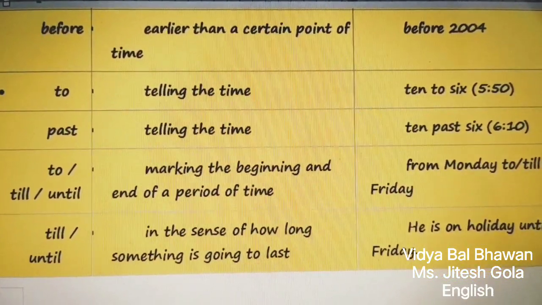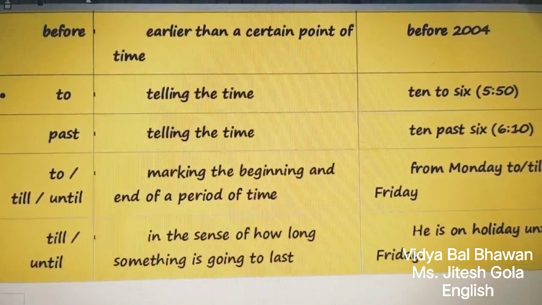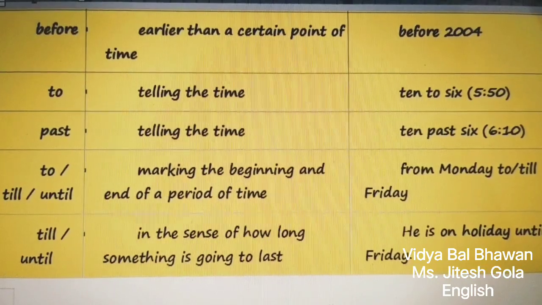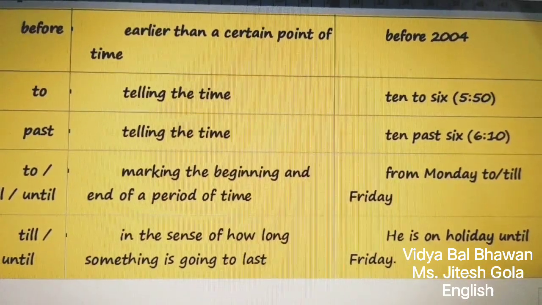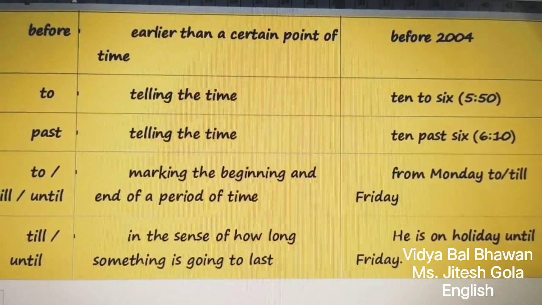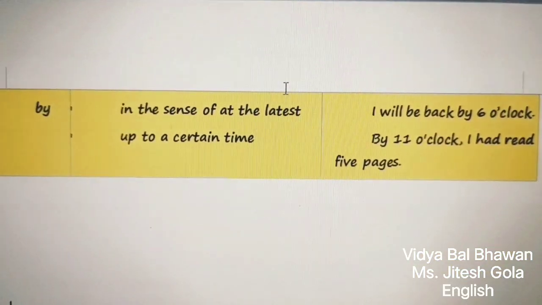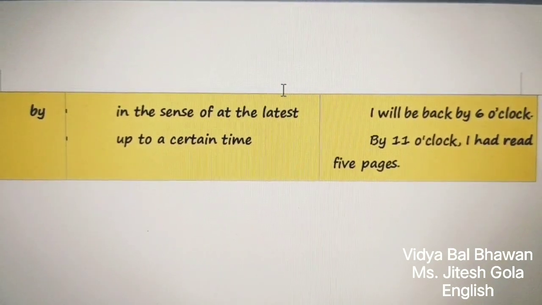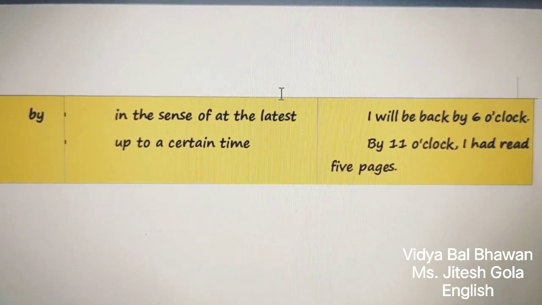Next, use of till and until in the sense of how long something is going to last. For example, he is on holiday until Friday. Next, you can see use of by, and that has been taken here in the sense of at the latest up to a certain time.